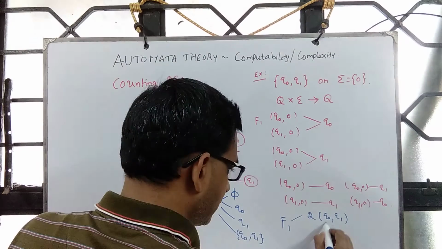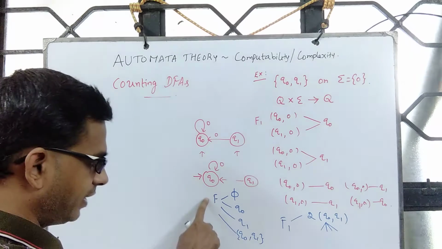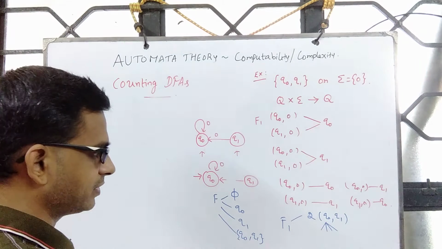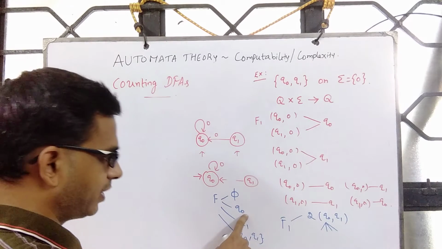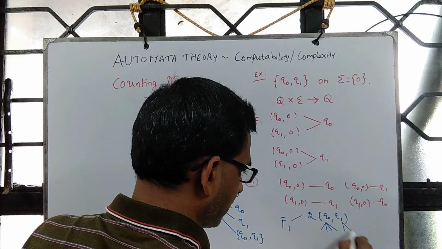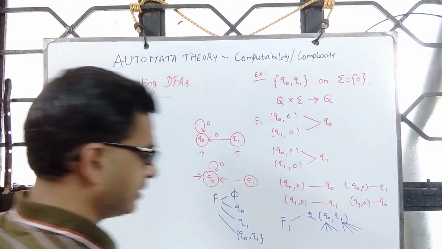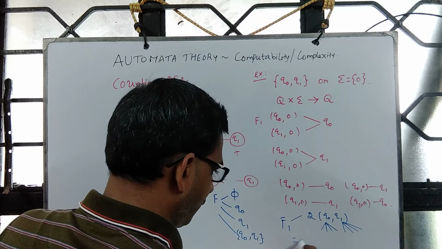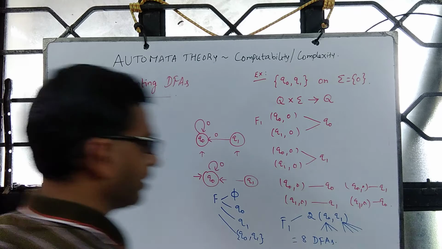With q0 being the start state, we get four different DFAs. In the first one there is no final state, in the second one q0 is the final state, and so on. Even with q1 as the start state you get another 4, which means the function f1 is giving 8 different DFAs, correct?